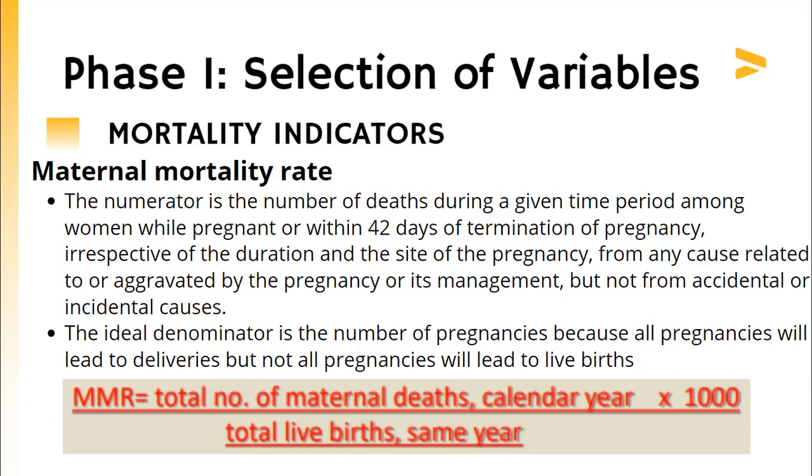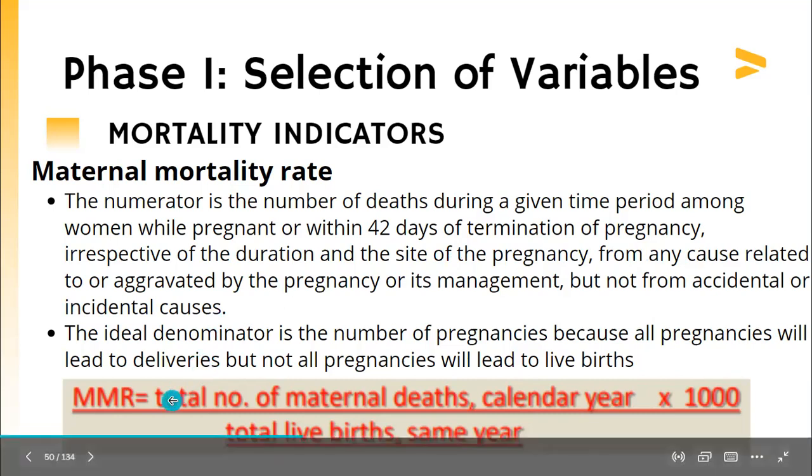So MMR, your maternal mortality rate, is best expressed as the total number of maternal deaths in that particular period of time, compared with the total number of live births in that same period of time.